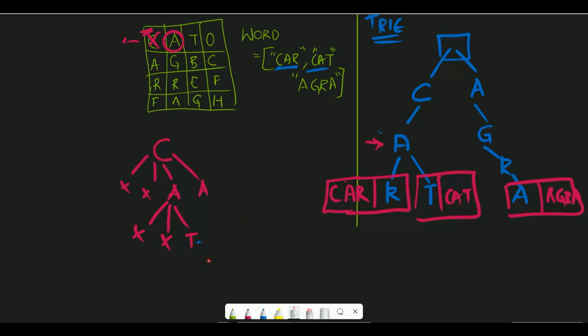Now by doing so, we can make sure that we only go down paths which have a prospective word which is given in our word list.